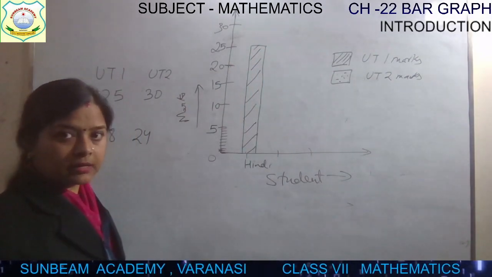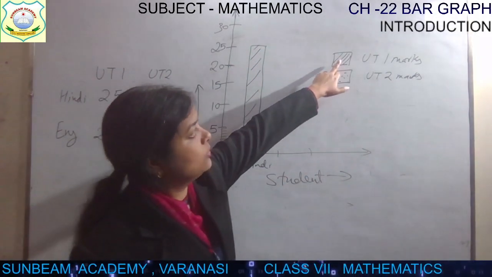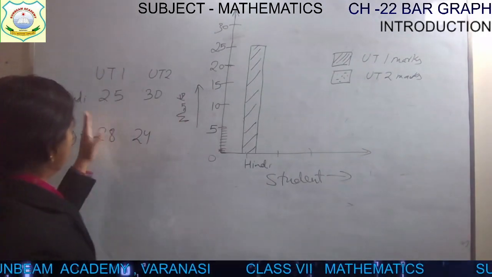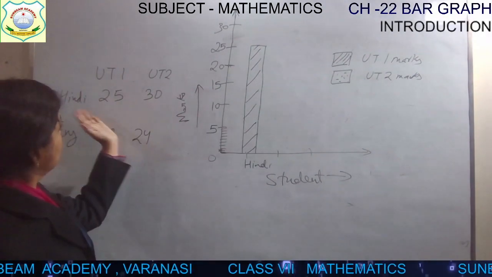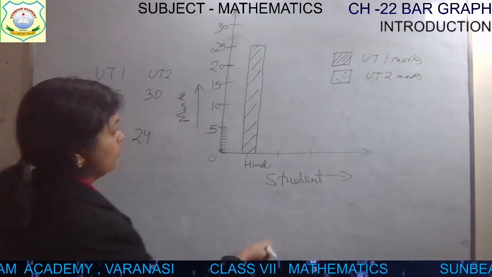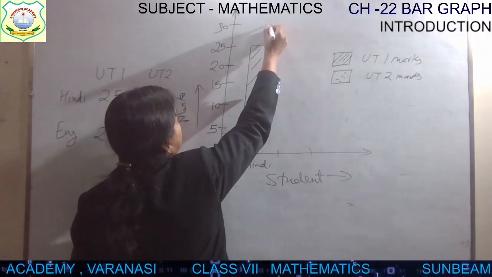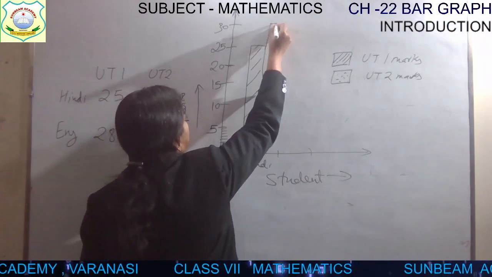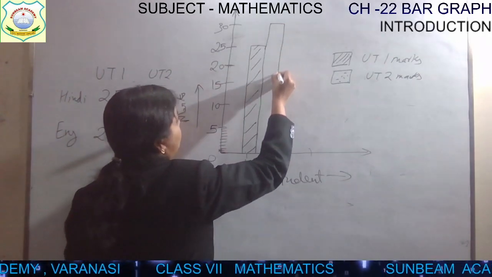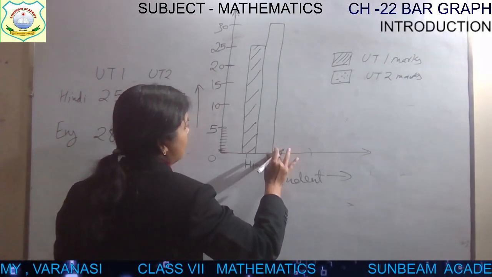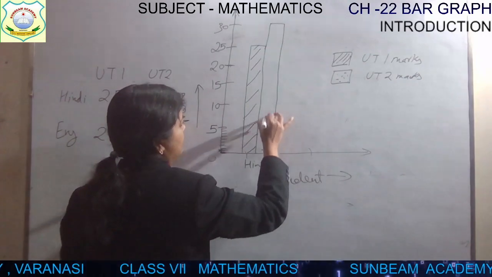This is showing UT1 marks. This bar. And same child is having Hindi as 30 in UT2. So 30 is this. So 30 इसके just बगल में बनाएगा बेटा आपका. Just with the same width, dot dot dot dot.